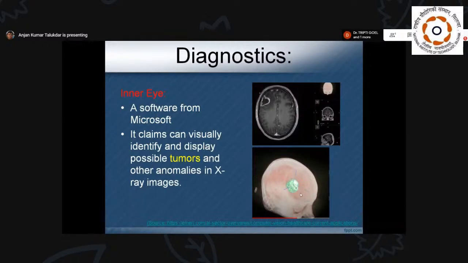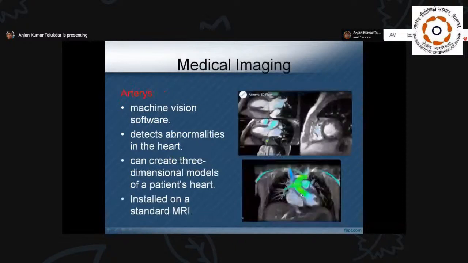The second application can be medical imaging. One company called Arterys has produced a machine vision software that detects abnormalities in the heart. Their algorithm is known as Arterys 4D Flow.